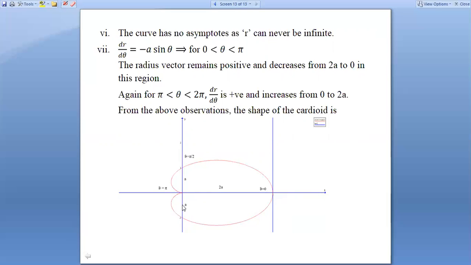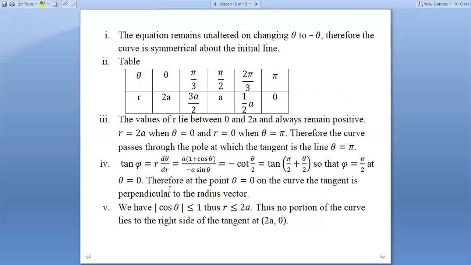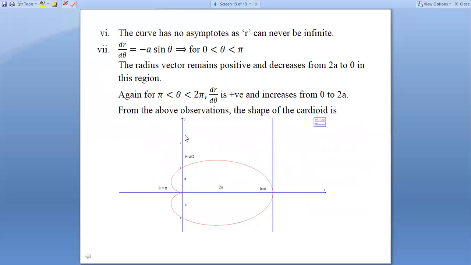And when theta is equal to 0, r will be equal to 2a. This is a distance. So knowing these observations, this is how the shape of the cardioid looks.